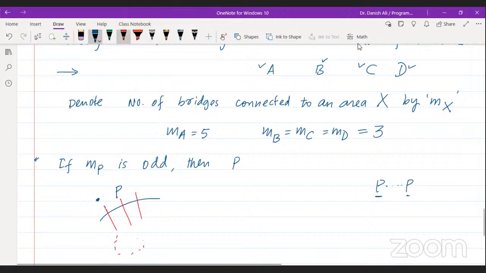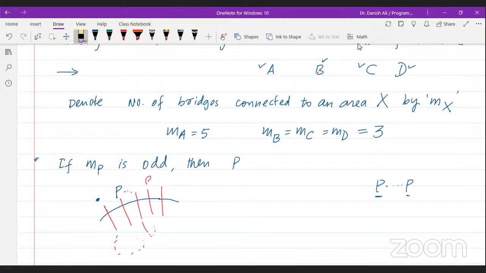Similarly, if we have five, how many times do you think the letter comes? Three times. Yes, three times. Because if he goes again, and then comes back to P, and then uses the other bridge, so three times the letter will come.